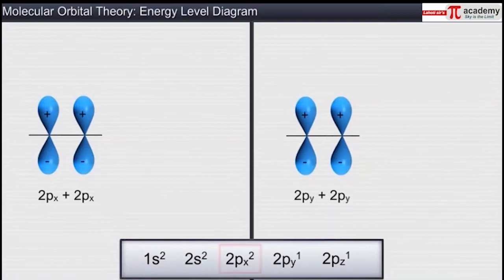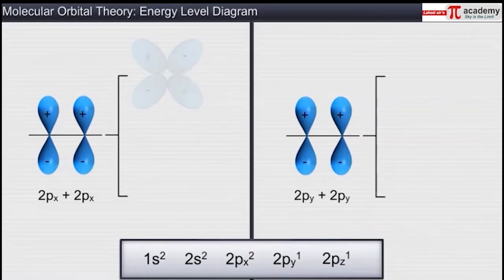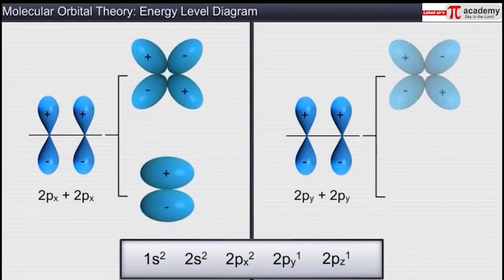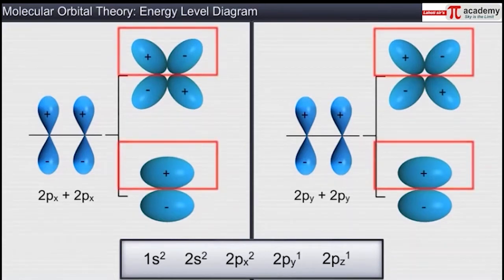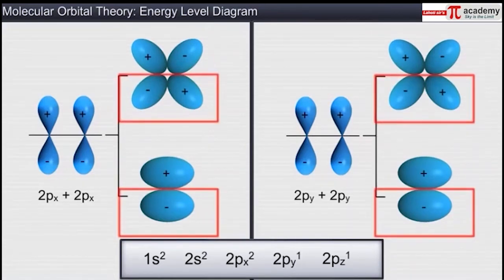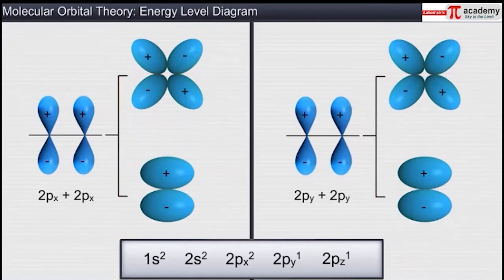However, the two 2px and 2py orbitals combine sideways to form a p orbital shaped bond with the electrons concentrated either above or below the bond axis. Hence, these molecular orbitals are called pi orbitals.